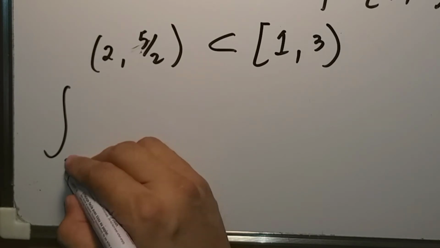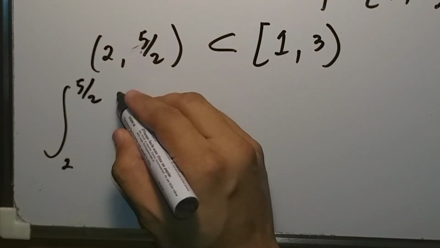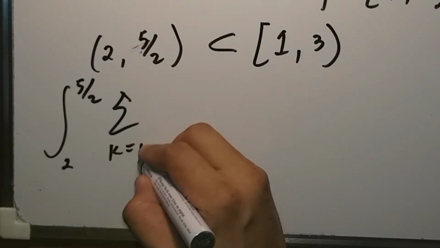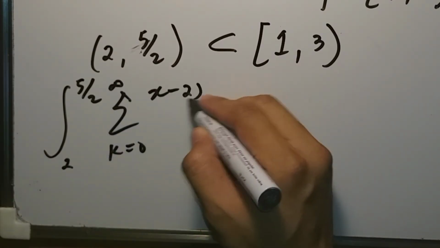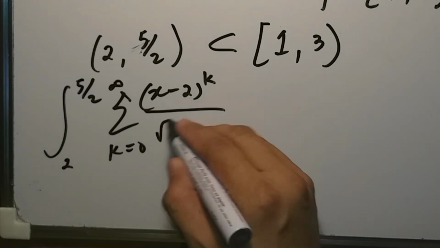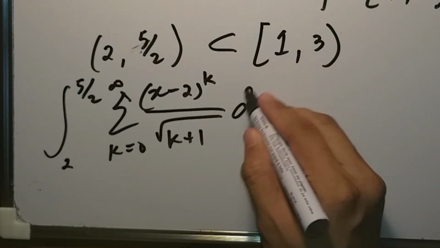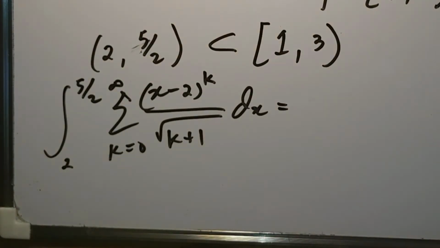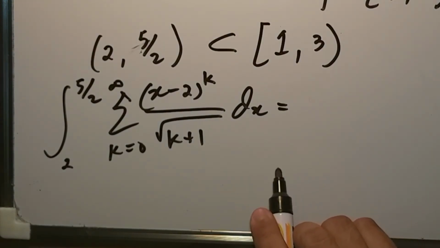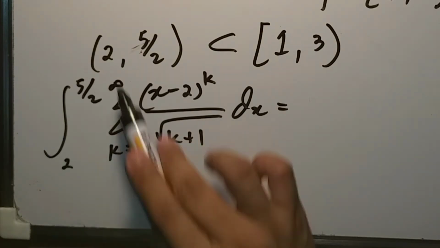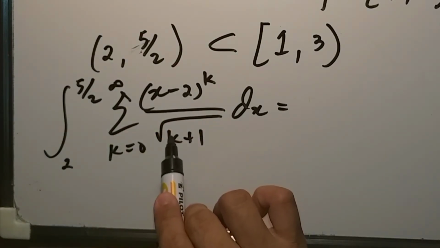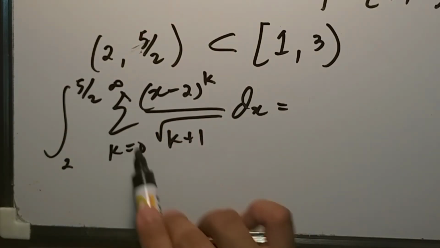So we have the integral from 2 to 5 over 2 of the series. We can insert the integral sign into the summation.